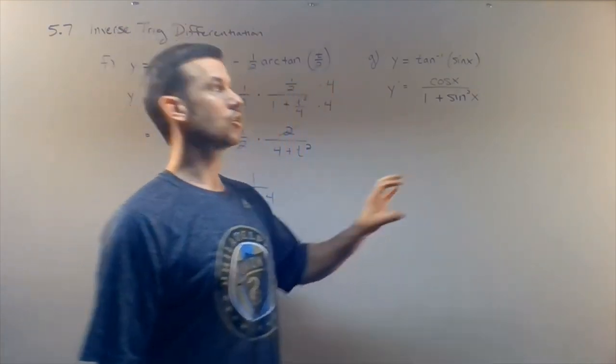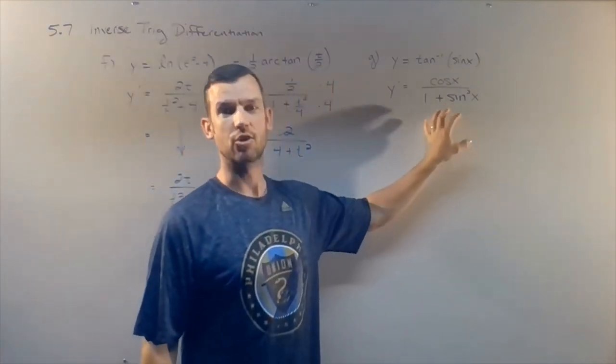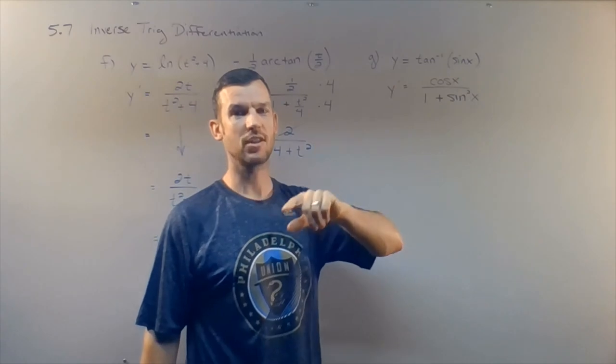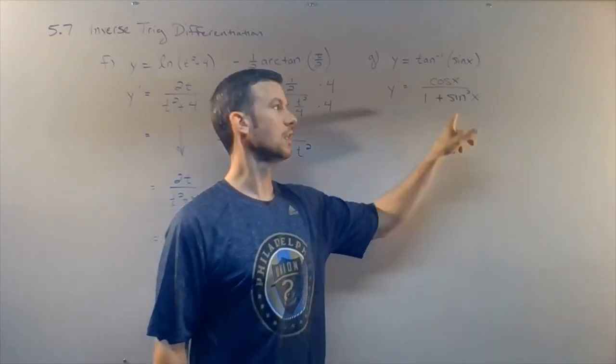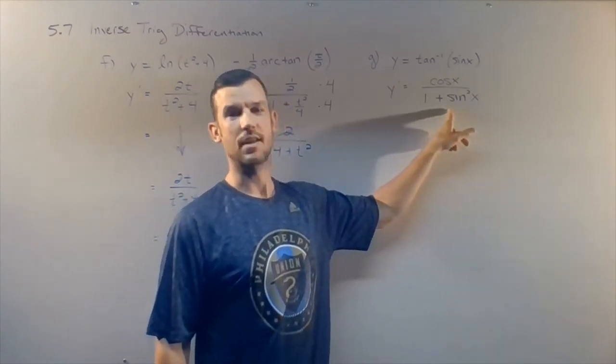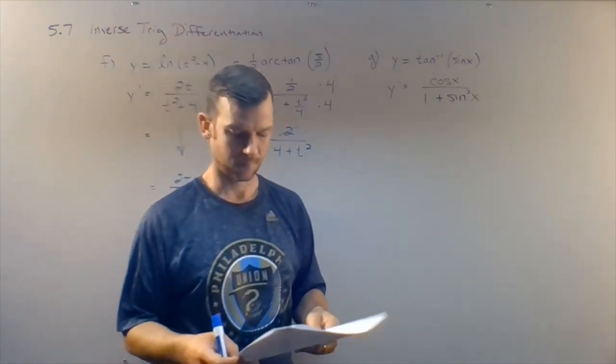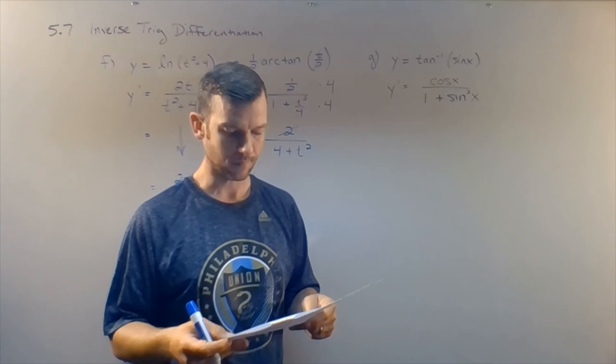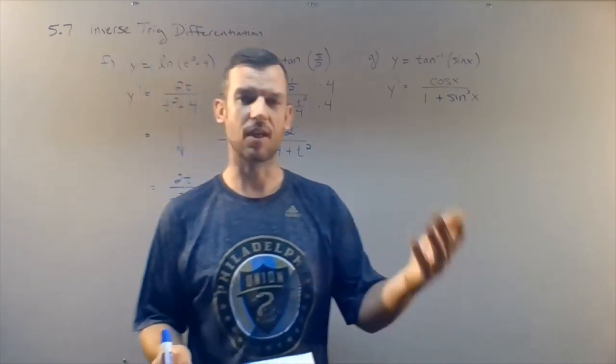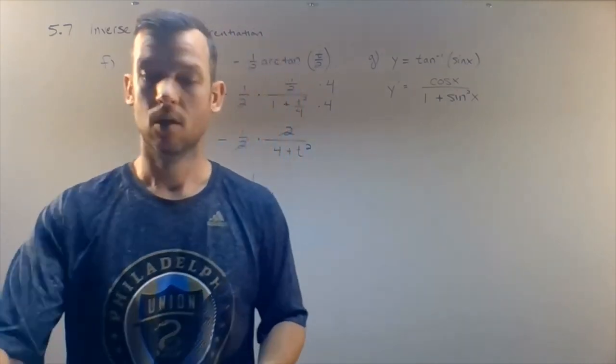Okay, now you might want to try to use a trig identity here. Cosine squared plus sine squared equals 1, but 1 plus sine squared does not equal anything. So this is as much as we can do for that problem. That's letter G.